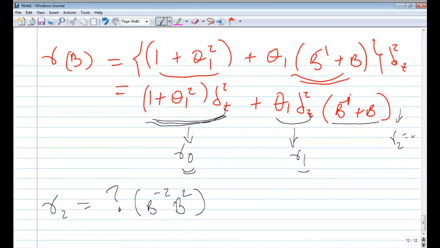So gamma 2 is 0. For gamma 3, we were supposed to have a value together with B to the power minus 3 and B cubed, but we don't have it. So gamma 3 is 0. The same applies to gamma 4, 5, and so on. They are zeros.